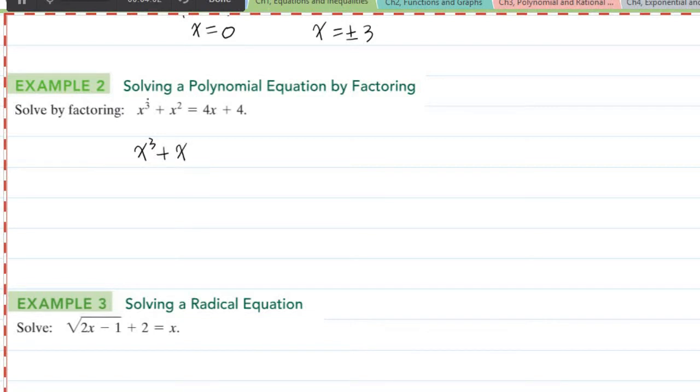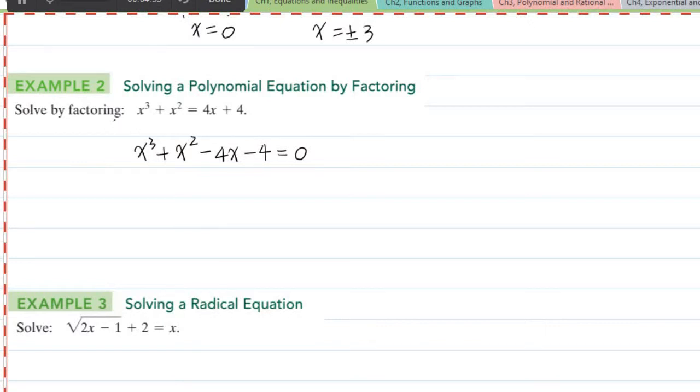Let's write it this way: x cubed plus x squared. Here we have positive 4x, you move it to the other side, it becomes negative 4x. And you have positive 4, go to the other side, it becomes negative 4, equal to 0. You could also subtract 4x from both sides and subtract 4 from both sides, whatever you feel comfortable with.